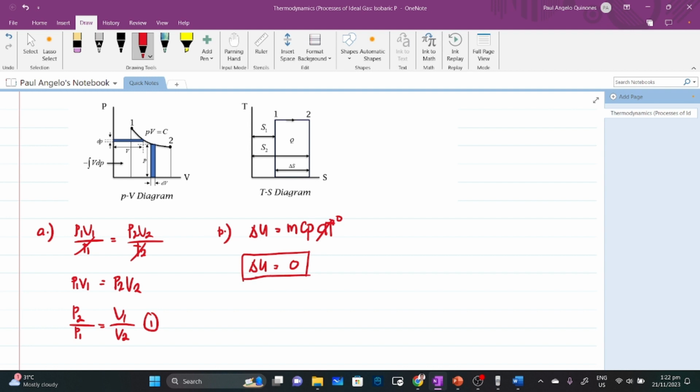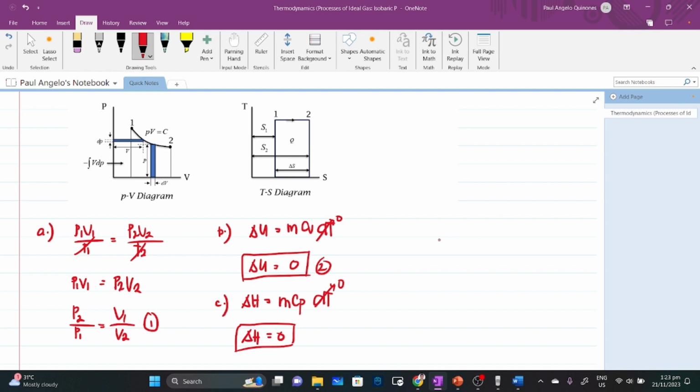This is principle number 2. Same goes with your enthalpy. Sorry, the internal energy is Cv; enthalpy should be m Cp dT. So this one will also be equal to 0. So delta H during an isothermal process is equal to 0.